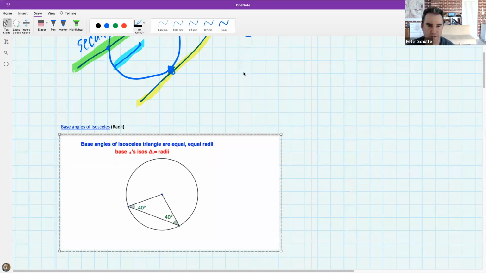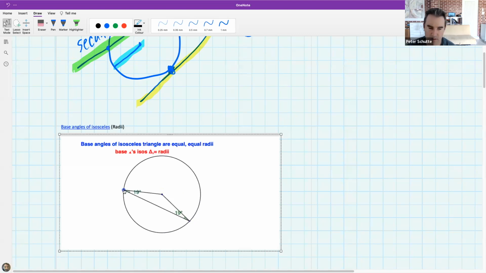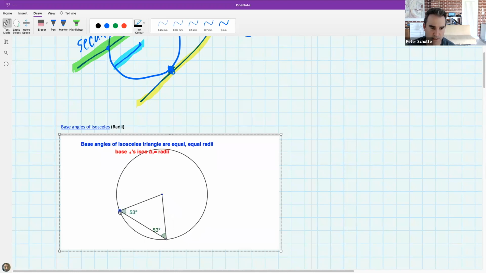Just pop your hand up, otherwise pop it in the chat. What does this picture show us? Maybe I should drag it around a little bit. What is this picture telling us? Okay, let's go to Cynthia. Cynthia, what do you think this picture is telling us?